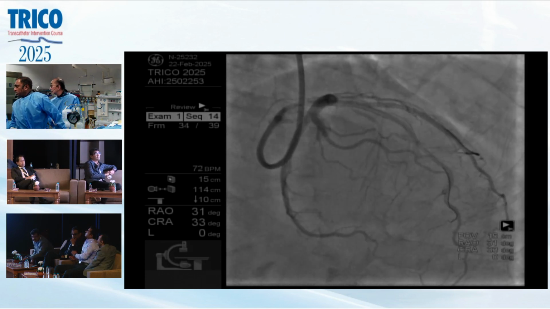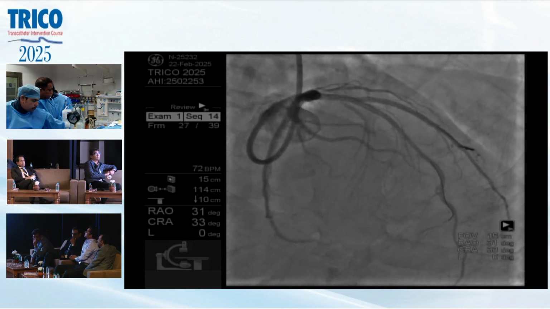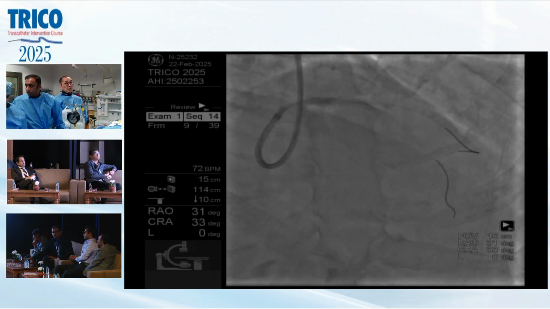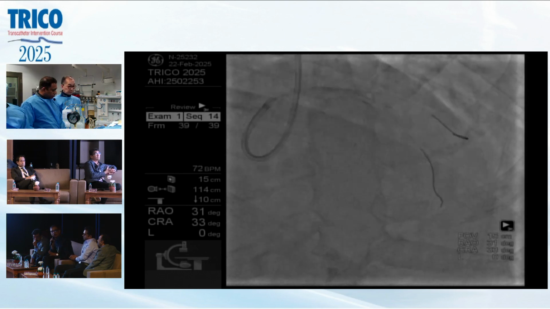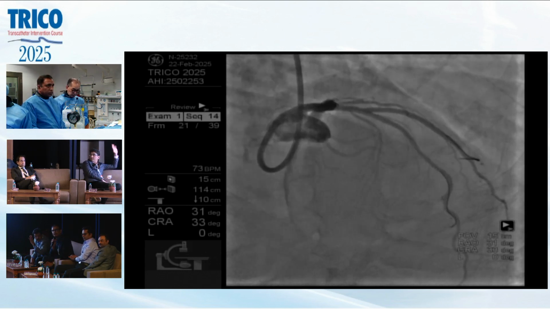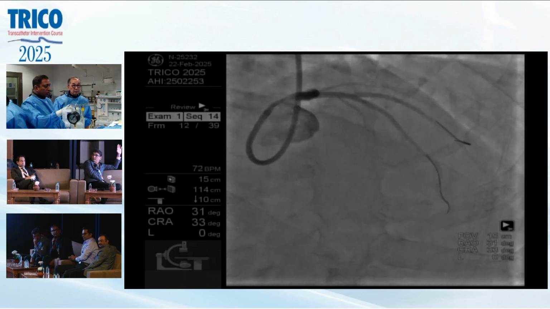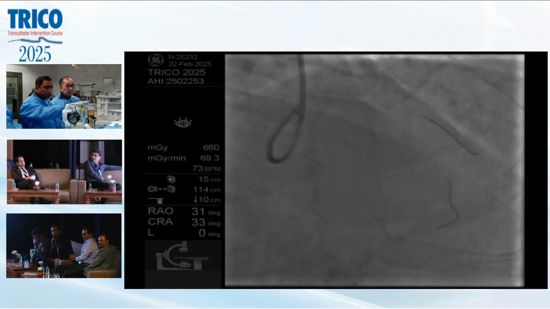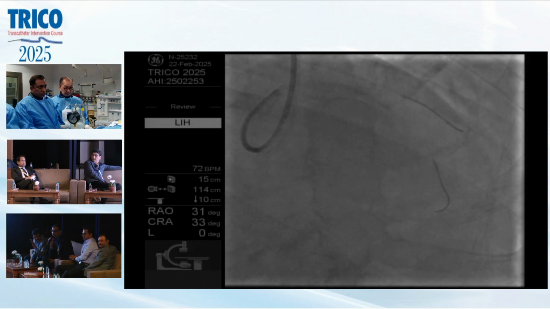So in the audience, how many would leave the wire in? So the overwhelming majority. And how many would pull out the wire before placing the stent? So the majority would leave the wire in and jail it.